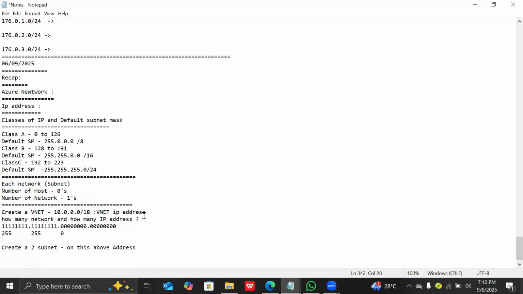If someone gave /18 instead of /16, what would the default subnet mask be? 255.255.192.0.